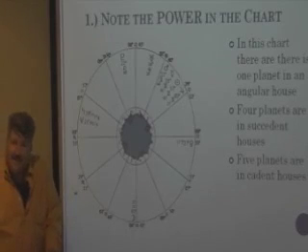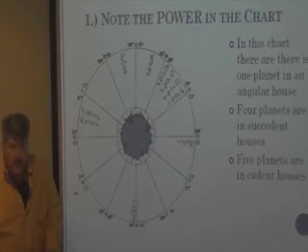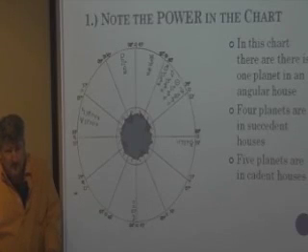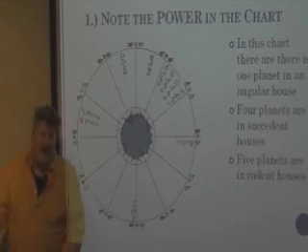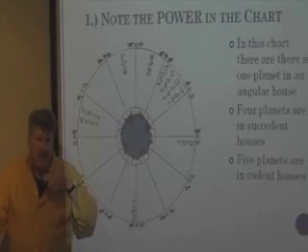So, Christopher, if there's the power in a chart, what is that specifically signifying? Because even though there's one planet in an angular house, and then 4 and 5, how do I say it? Oh well. It's like when you buy your house. You might go and look at the circuit breaker box to get a sense of how many panels are on there.